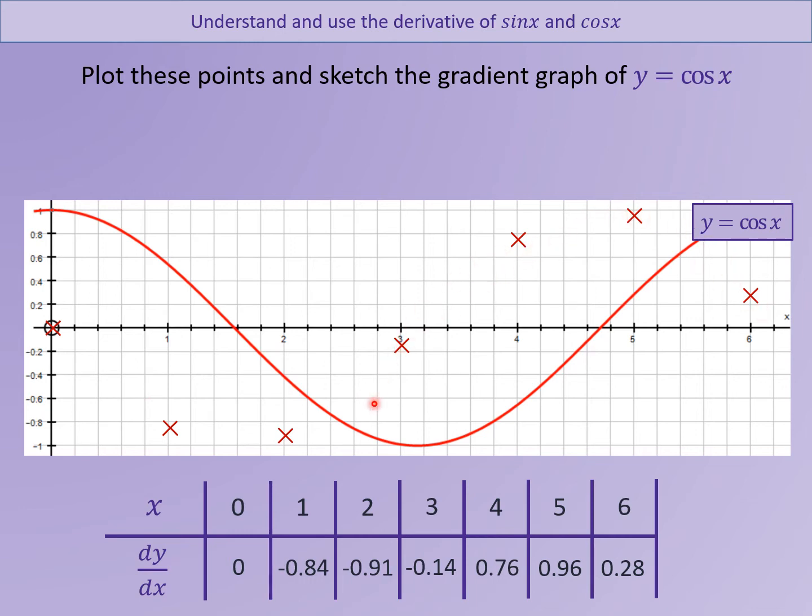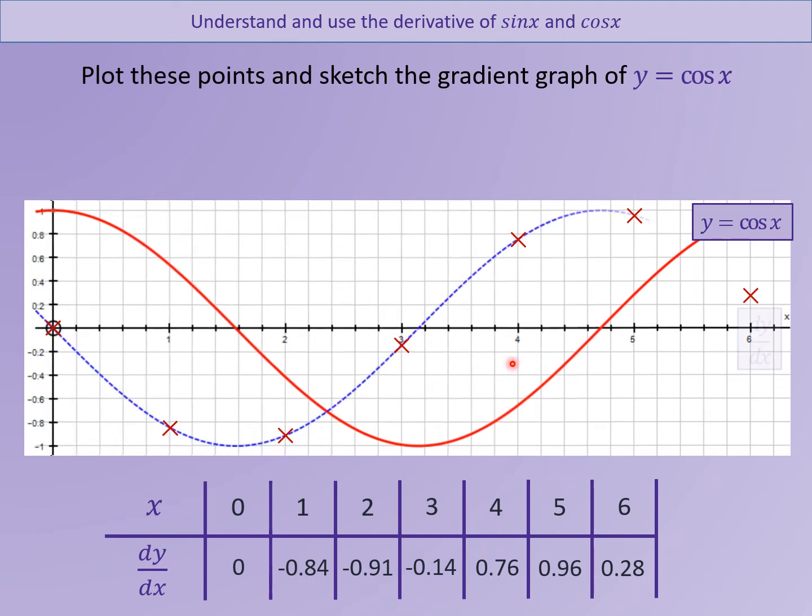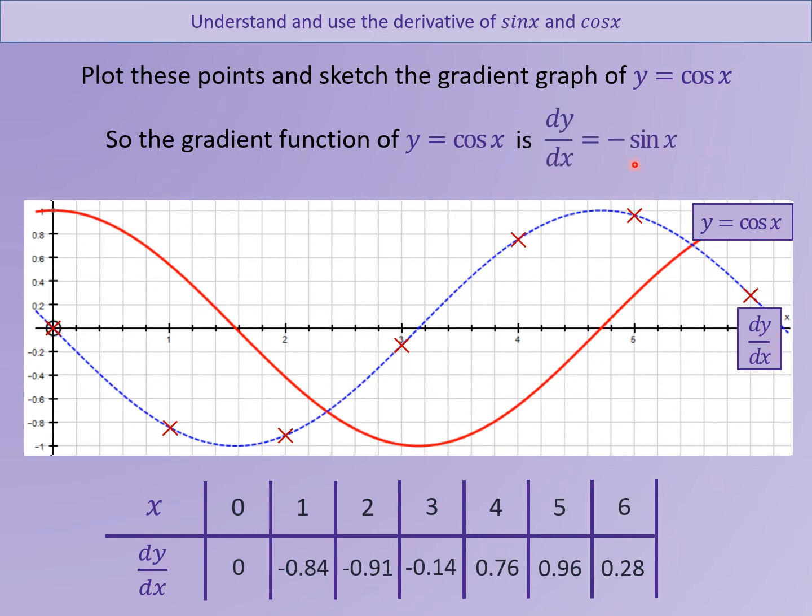It's going to form another trig graph, very similar to sine x, except it's upside down. Sine x usually goes up like this. So the graph is going to be minus sine x. When we differentiate y equals cos x, it fits really nicely with minus sine x.